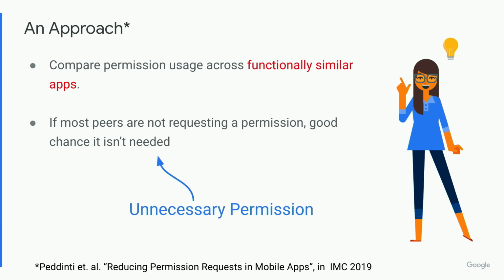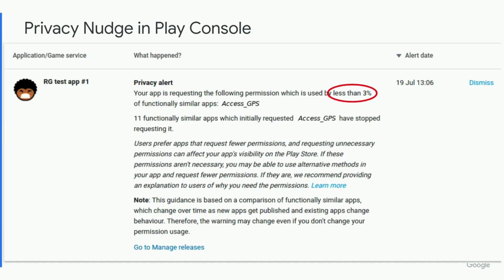This also has been launched in the developer console, and it comes up and says, less than 3% are asking, I mean 97% of your peers are not doing this. And we tell them users prefer apps with fewer permissions. So we're trying to motivate them by competition.